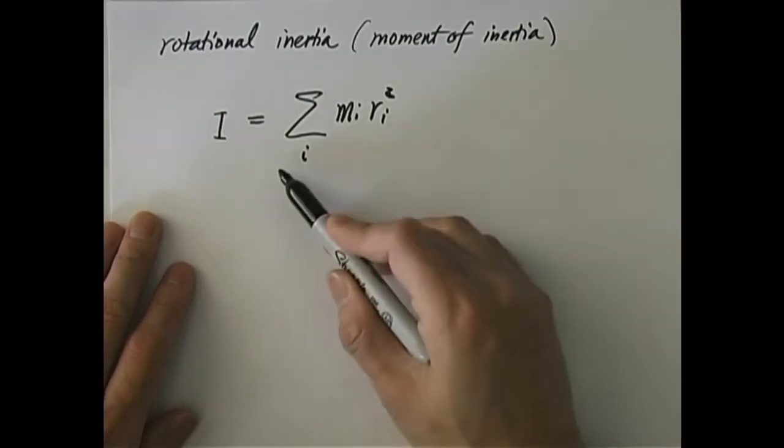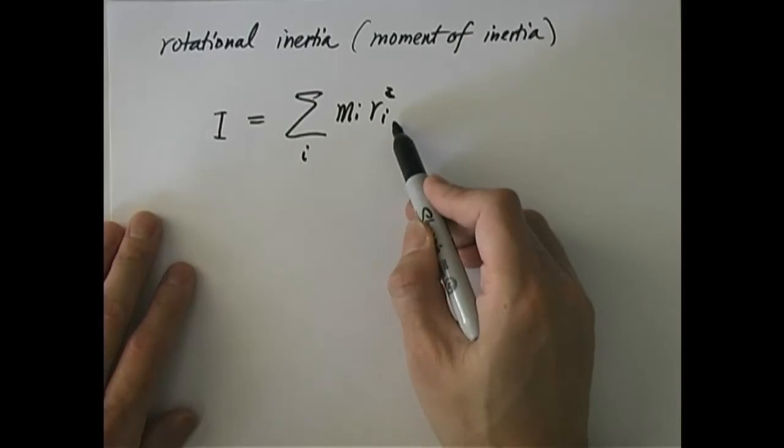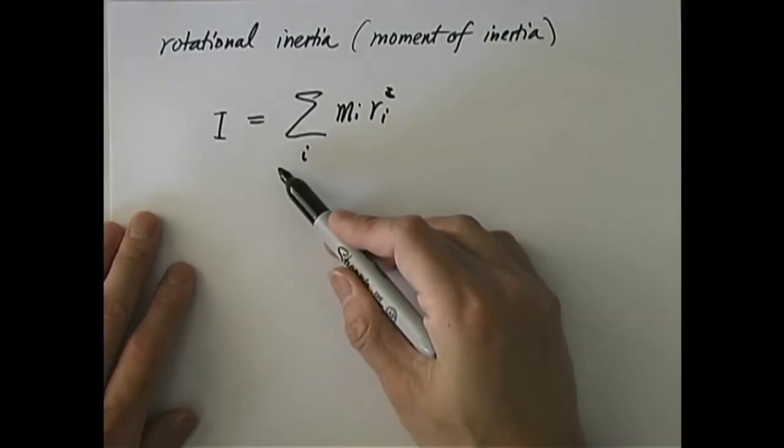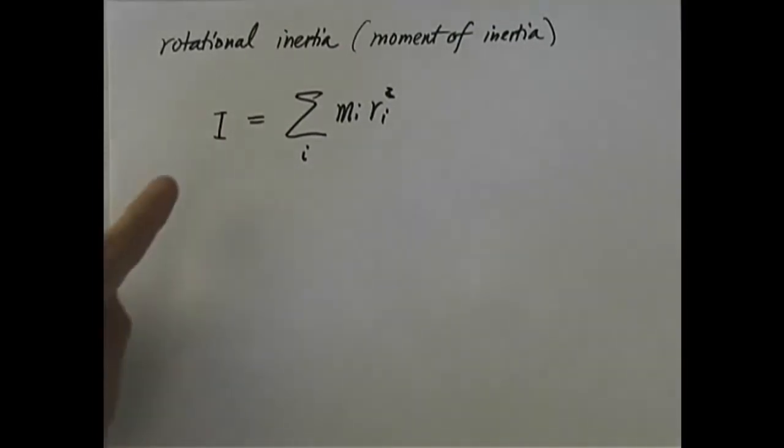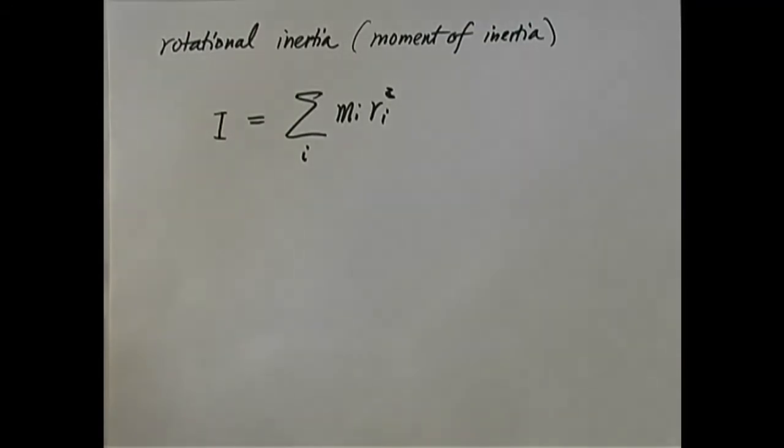If I switch to a new axis, all these r's are going to change, so you get a new quantity I. It makes a difference which axis you use. You will get different values of I, and since I represents the ability to resist angular acceleration, when you rotate this object about different axes, you may get different degrees of easiness. Sometimes it's easier to accelerate it because I is relatively small for that particular axis.